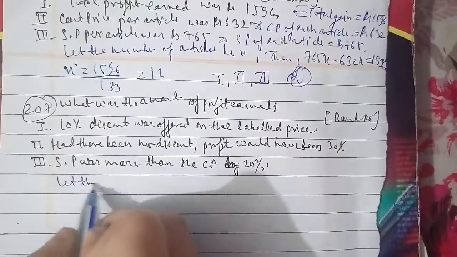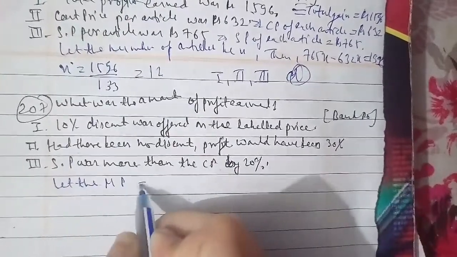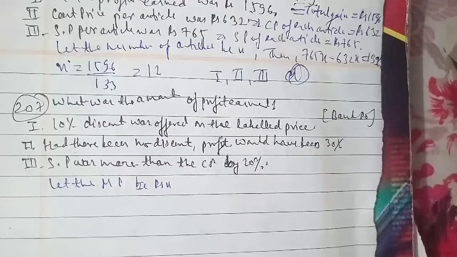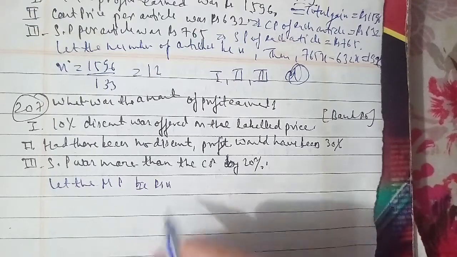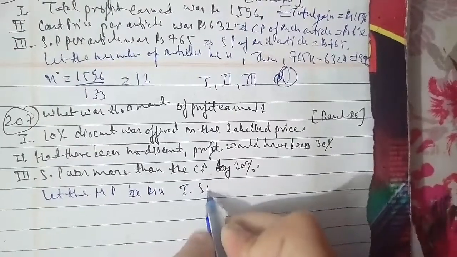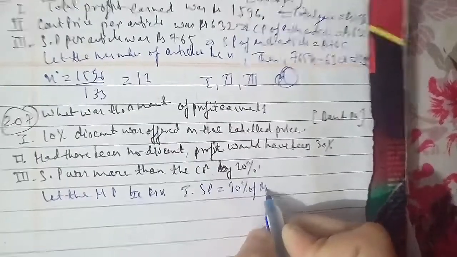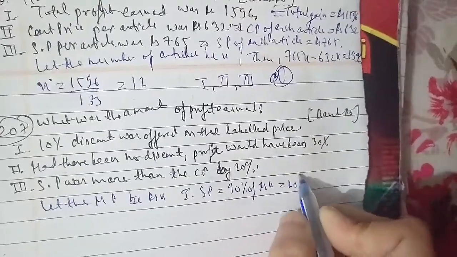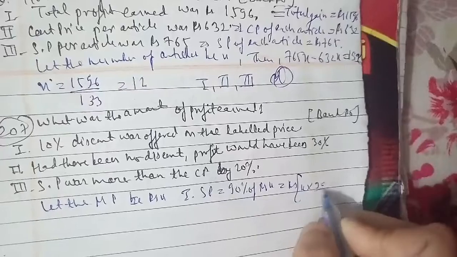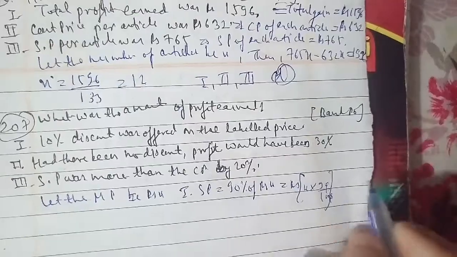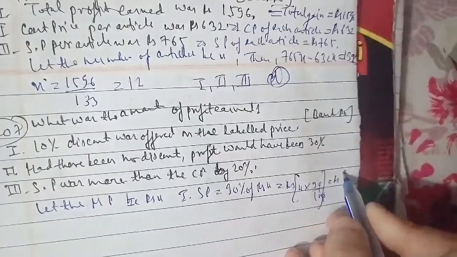Let the marked price be rupees X. According to the first one, selling price equals 90% of rupees X, which equals rupees X into 90 upon 100, with the 0 being cancelled by 0, equals rupees 9X upon 10.